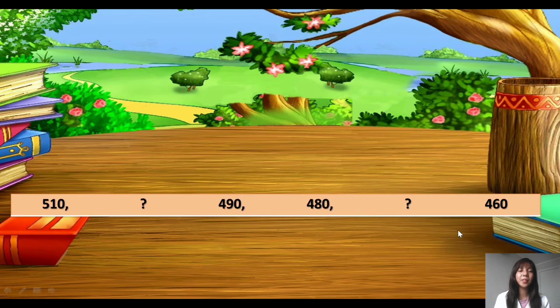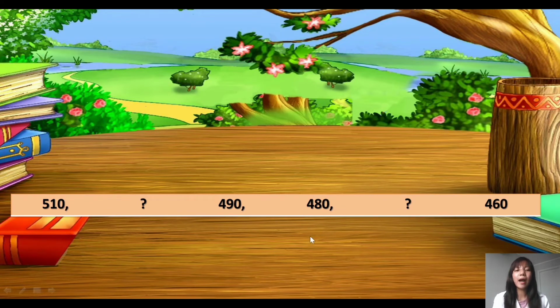Another example. So we have here from 510 blank, 490, 480 blank, 460. Okay, so this time we only have first number and then next is blank.